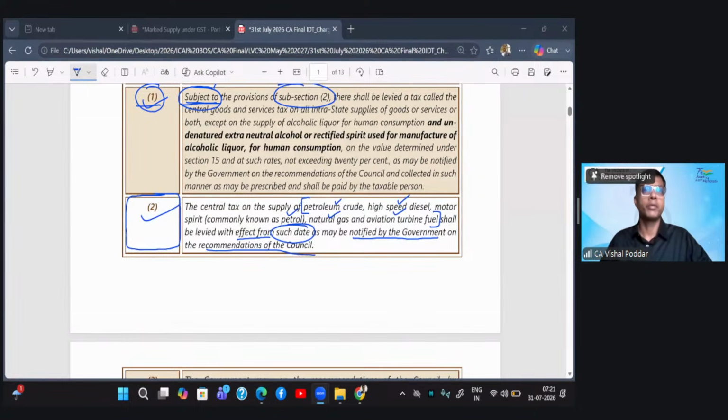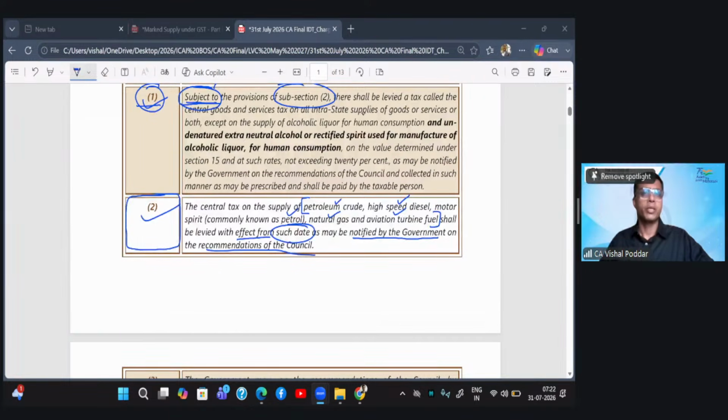What is the full form of CNG? Compressed natural gas. So that is the difference. The gas which comes to our house is LPG, liquefied petroleum gas. It is not excluded in this table. So LPG is very much part of GST law.